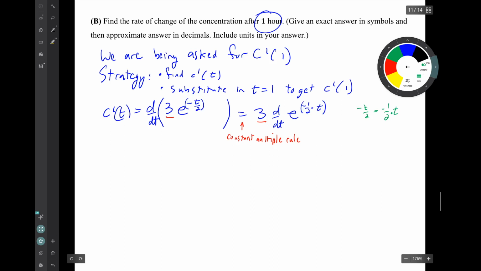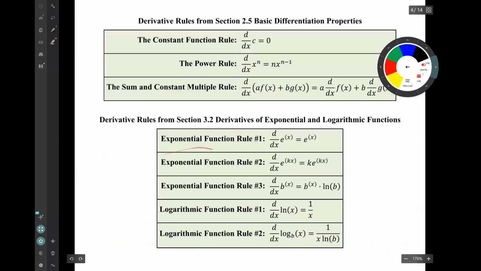The reason I did that is because I can find the derivative of this using exponential function rule number 2. Remember what exponential function rule number 2 looks like. Exponential function rule number 2 says the derivative of e to the kx is k e to the kx.